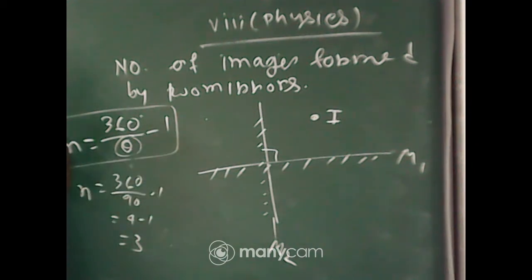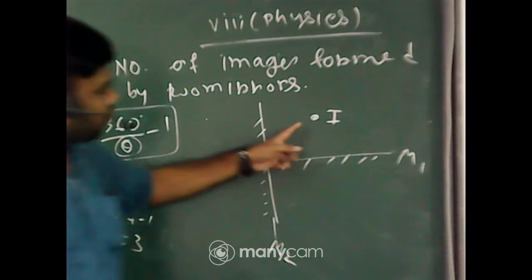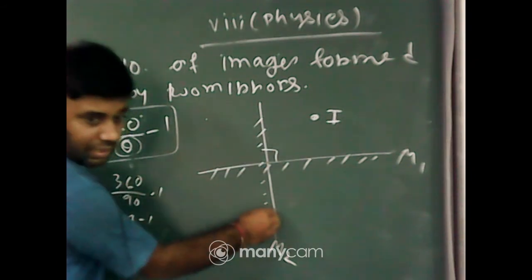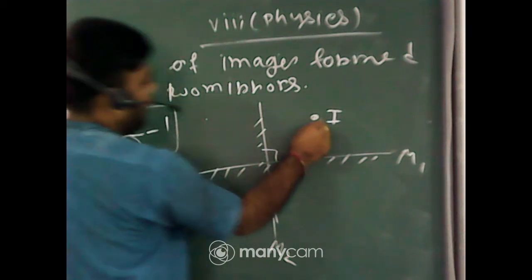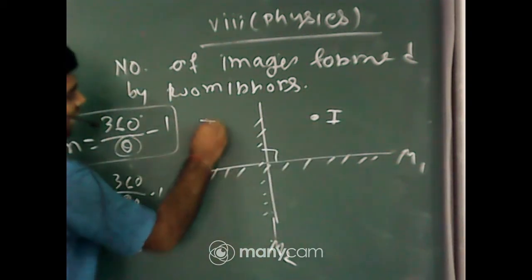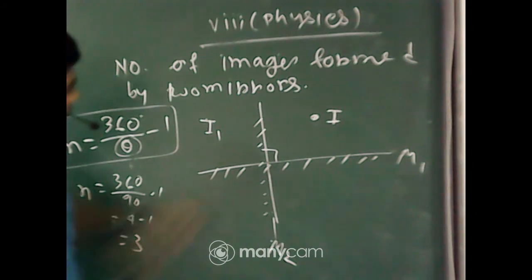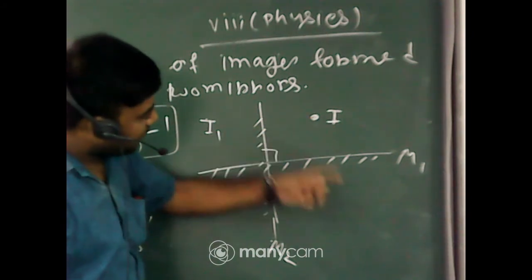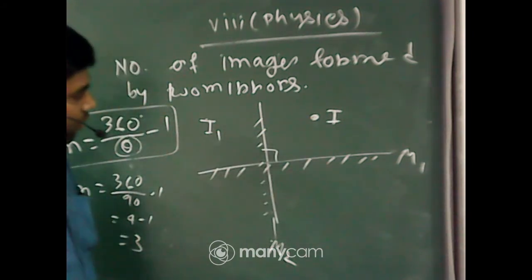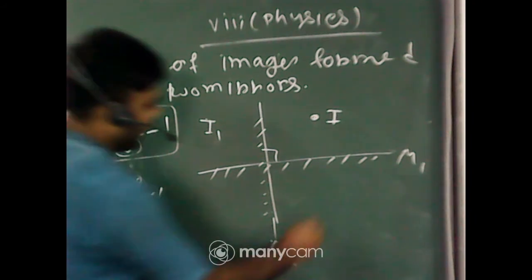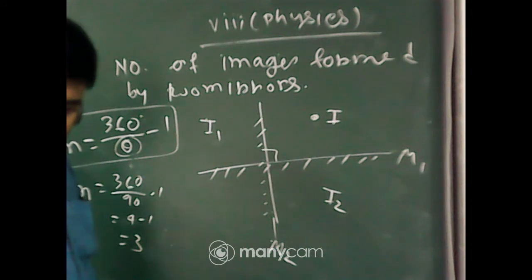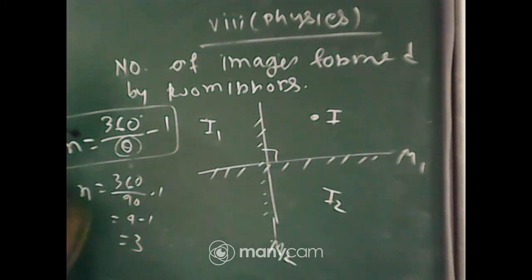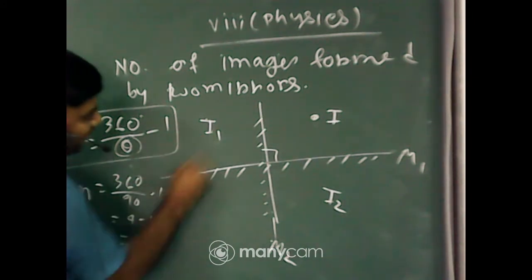Now, I will show you. So, that is the M2 mirror. In the M2 mirror, that object has an image, that is I1. And that object also has an image in mirror M1, the first mirror, that is I2. Got it? Now just think about that. Here is an image and here is a mirror.